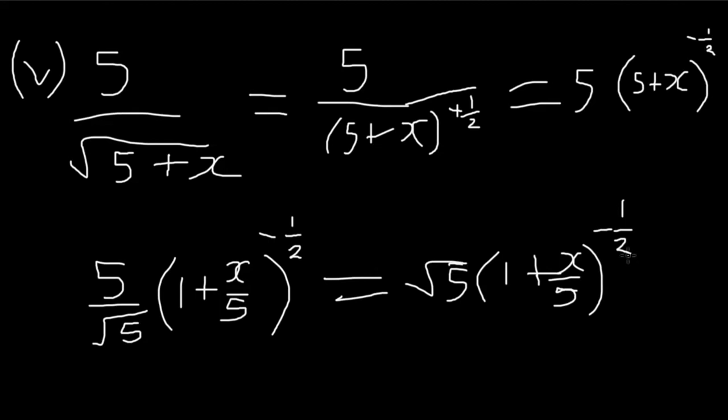So this is what you are going to expand here. You expand this, then at the end, after the expansion, you come and multiply it with the root of 5. Come and multiply your expansion with the root of 5.